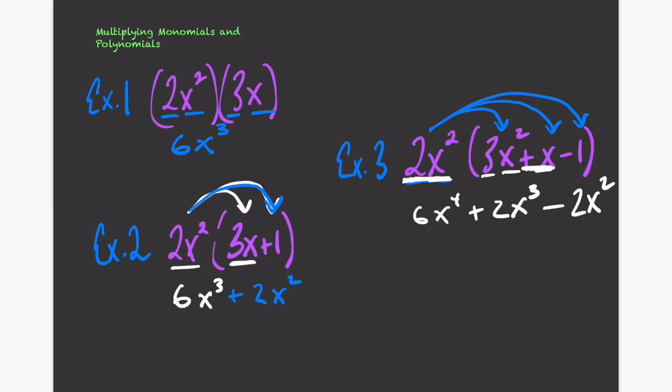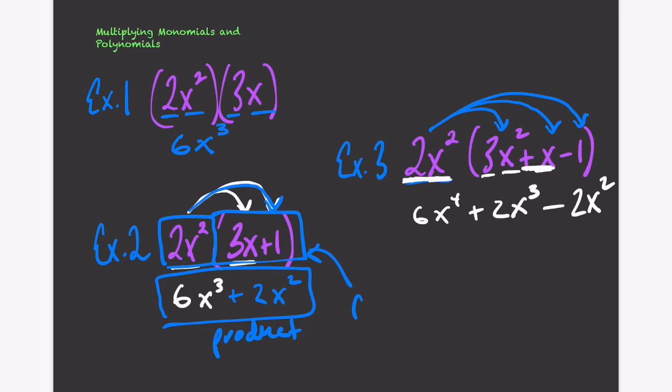Okay, last thing before we move on. Each of these things that we multiply together is a factor. So what I got is my product. That's my result when I multiply these two things together. But each of the things that I multiply together, that and that, are factors.